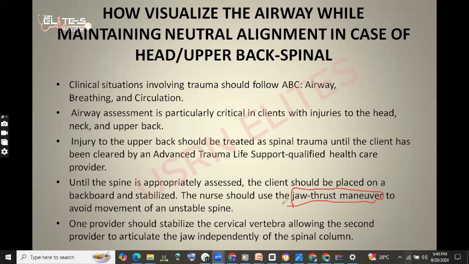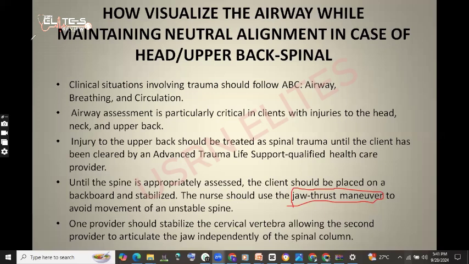So the nurse should use the jaw thrust maneuver to avoid any further injuries. Look at the last point here, I repeat it again: one provider should stabilize the cervical vertebra, allowing the second provider to articulate the jaw independently of the spinal column.